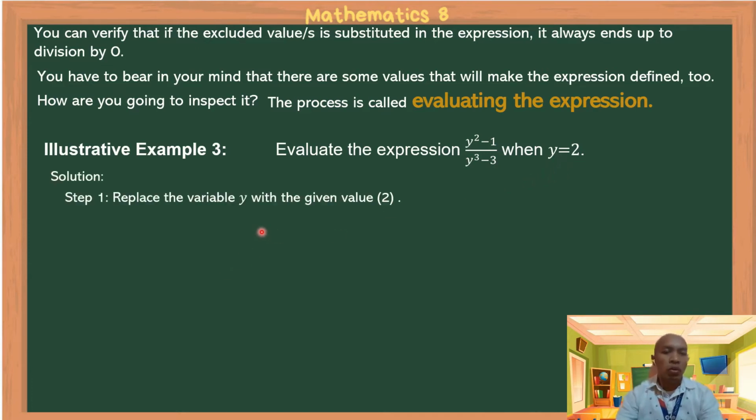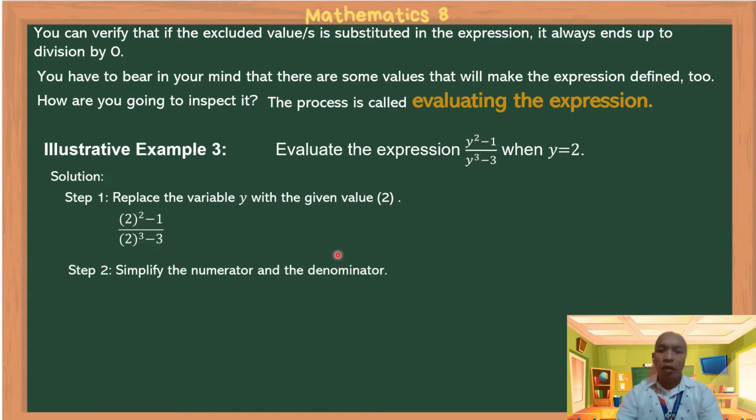So what we're going to do is replace y by the given value, which is 2, and simplify. From the given expression, instead of writing y, substitute it by 2. So it becomes 2 squared minus 1 all over 2 cubed minus 3.